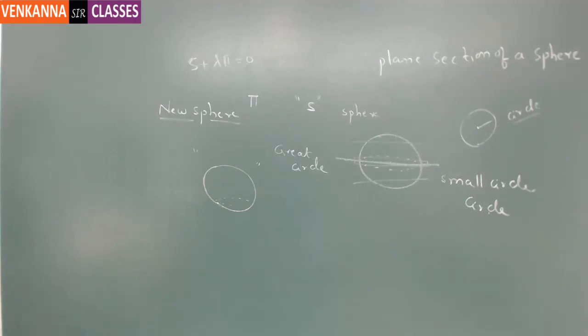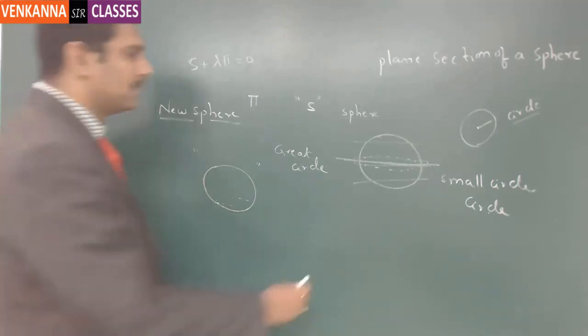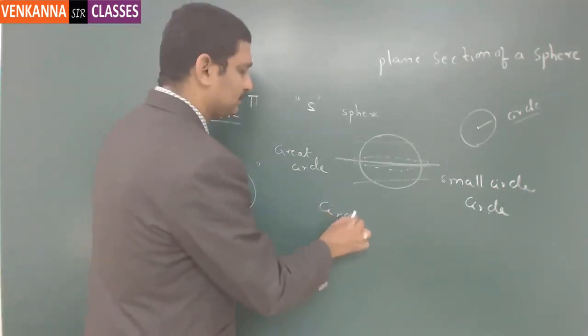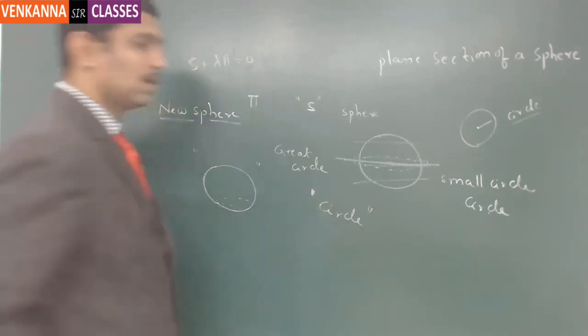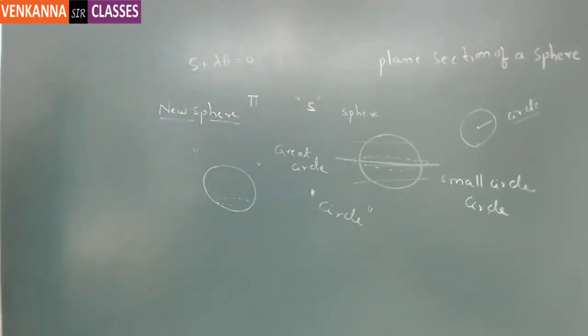Right. And another thing, now just imagine if a sphere intersects another sphere, just like a sphere overlapped on the other one, then what is the common intersection for them? It is nothing but a circle again. So whenever a plane cuts the sphere, you will get a circle.